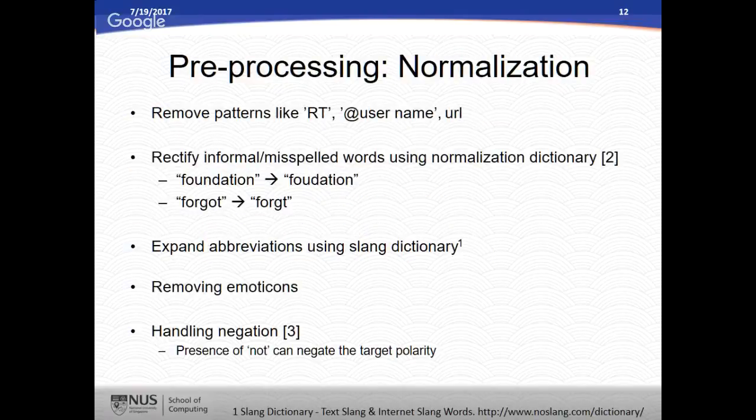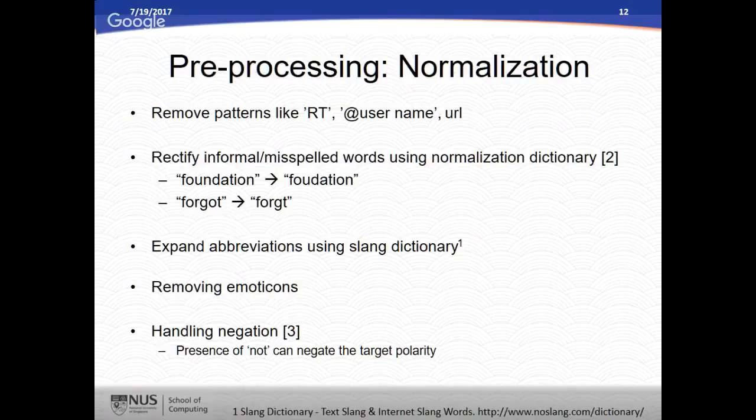Okay, so the standard practice is to normalize the tweet into normal text so that the standard algorithms can work, right? What you need to do is first of all remove patterns like RT, which is for retweet, and also @username. If you have any URLs in your tweet text, you have to remove them.